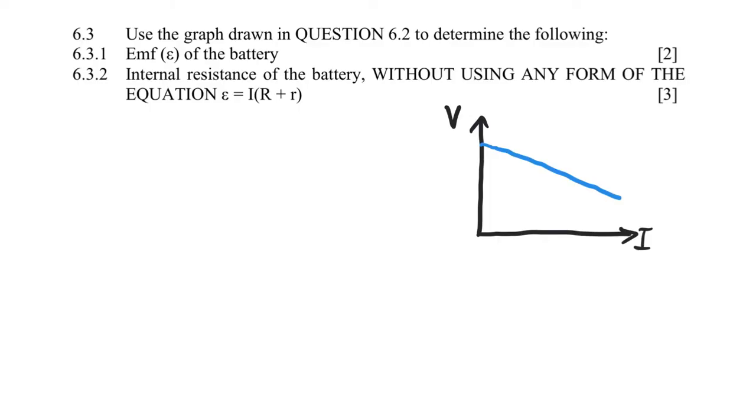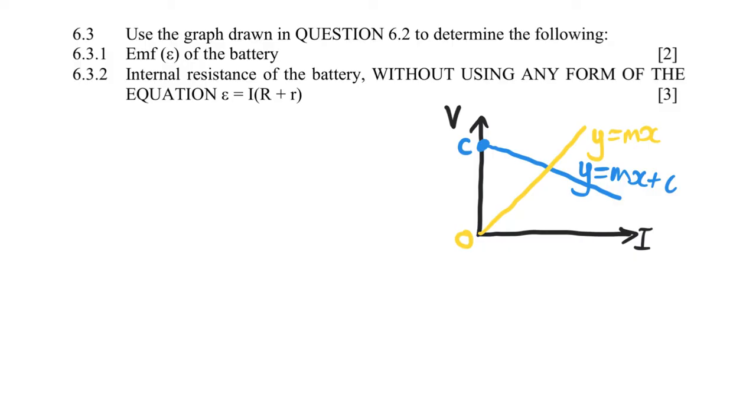So this particular graph is not a simple straight line which has a 0 y-intercept of the form y equals mx, because the y-intercept is not 0, but rather this graph is going to be of the form y equals mx plus c, where c will be on the voltage axis.